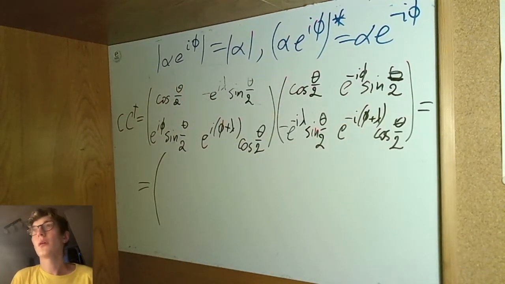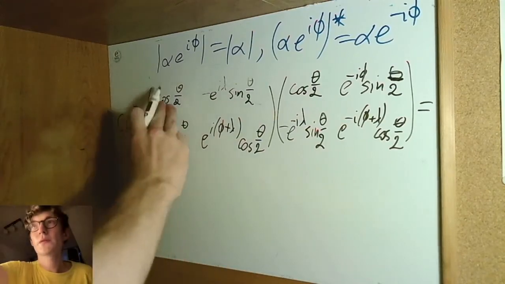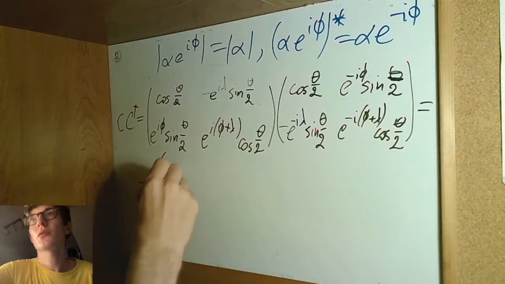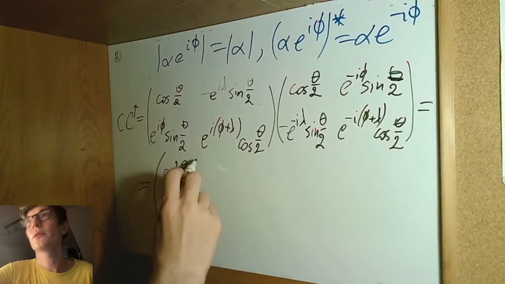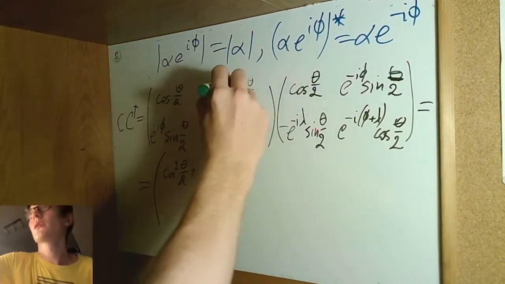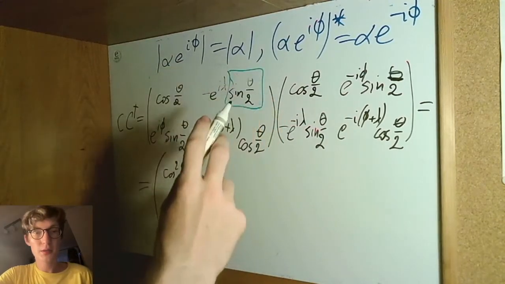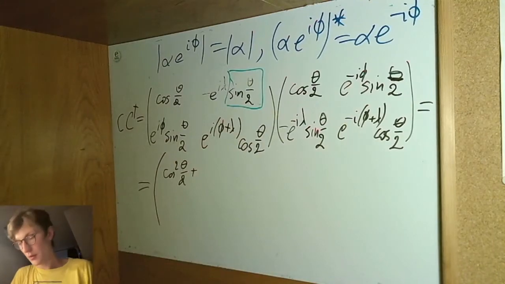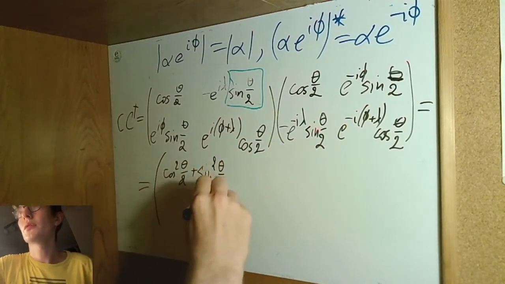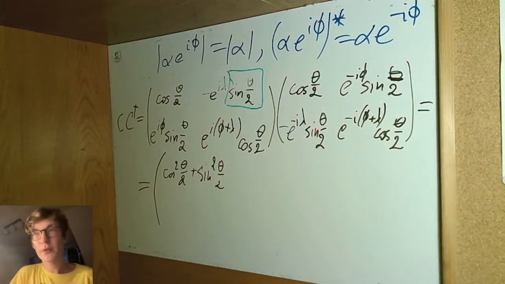So we can take just the absolute values of these numbers and square them. So it's cosine squared theta over 2 plus, and here the absolute value is just sine of theta over 2, so it's plus sine squared theta over 2. But from trigonometry, we know that it's equal to 1.